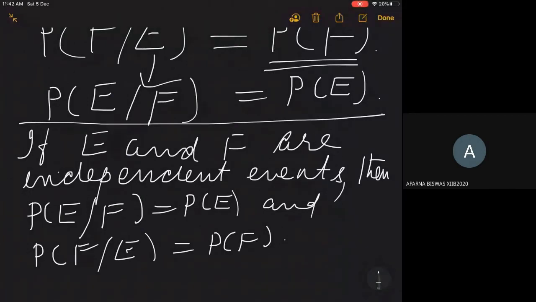Literally speaking, the probability of occurrence of one of them is not affected by the occurrence of the other. That's what this equation shows.